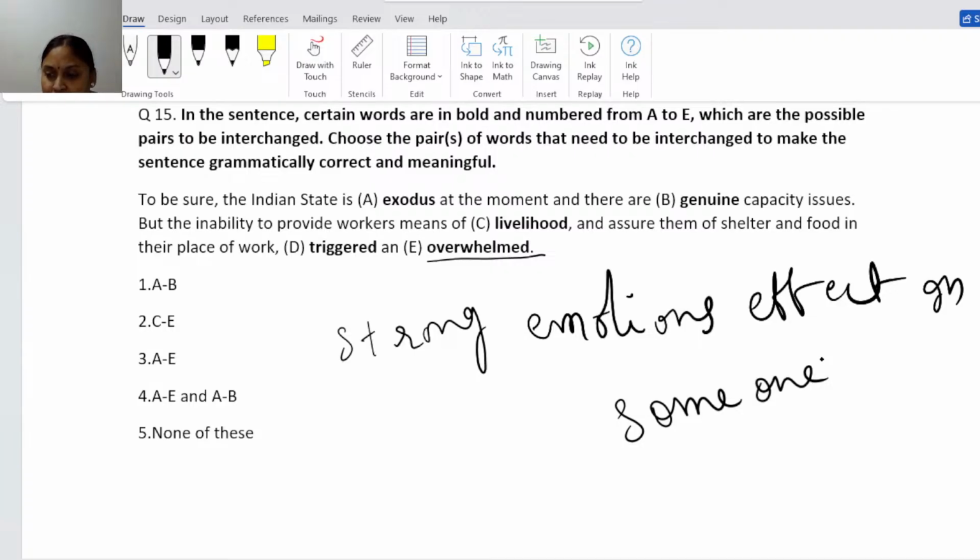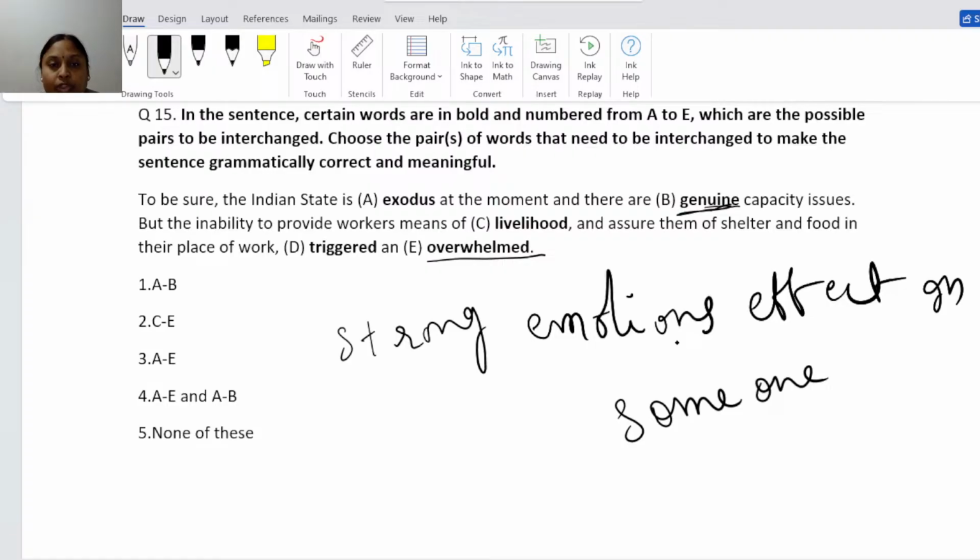And next, we have genuine. We know that it is said to be authentic. Genuine means truly what something is said to be. Genuine is nothing but honesty, which is true.